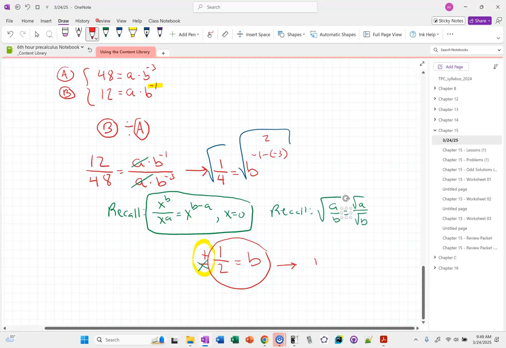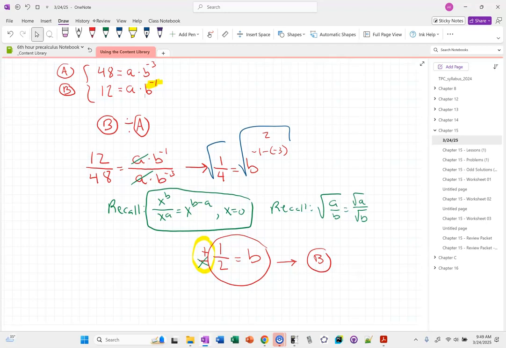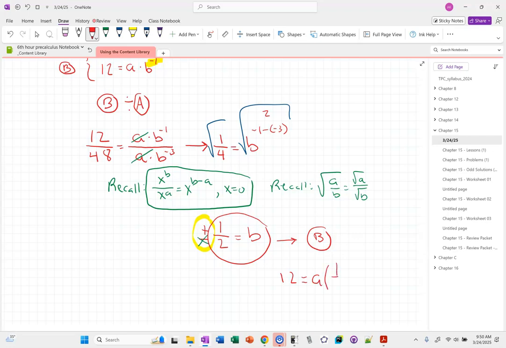I'm going to plug that into equation B. Typically, I'm going to pick the one where the exponent's closer to 0. So -1 is closer to 0 than -3 is. Is everybody okay with what I did there?